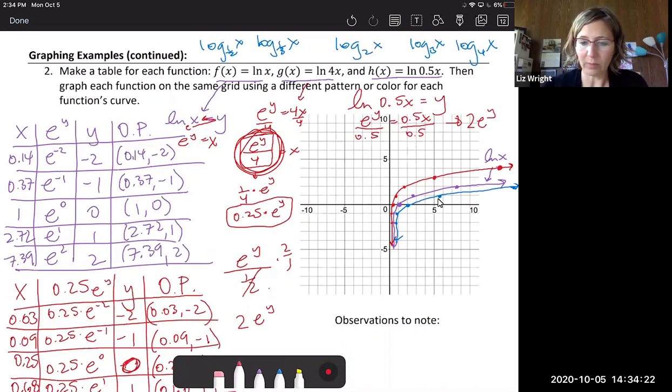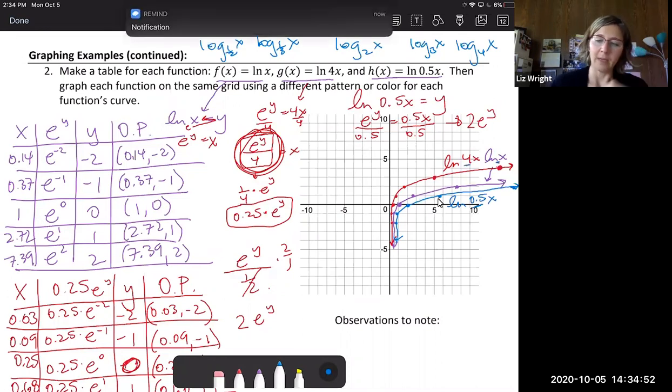So this one was natural log of 4x. And then the blue one was natural log of 0.5x. And so we're looking at how those different graphs change based on how the coefficient in front of the x is changing. So observations to note.